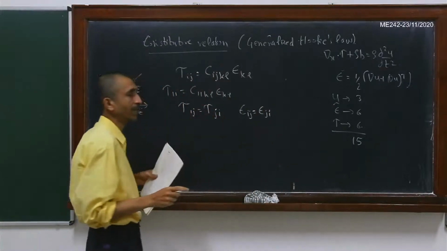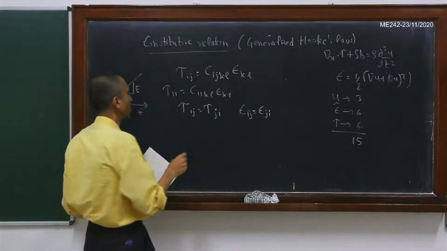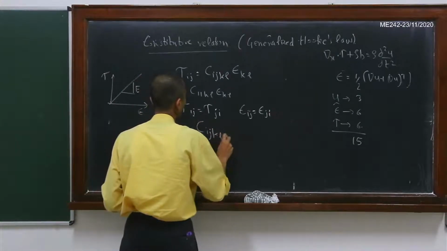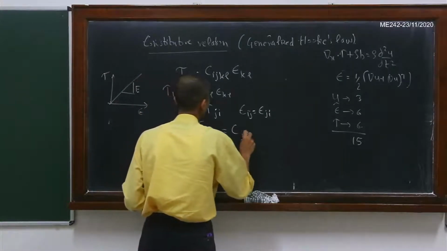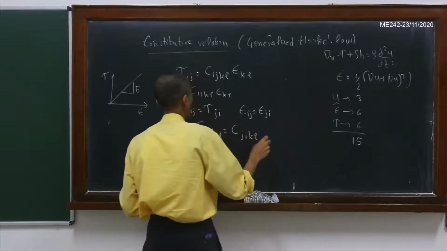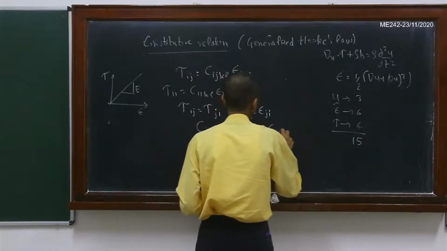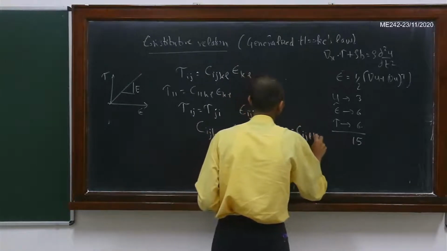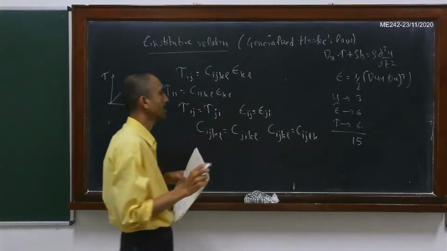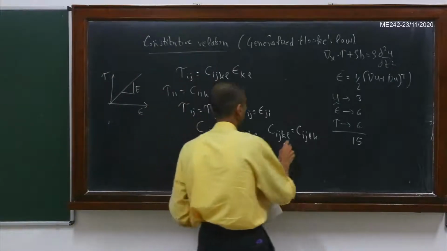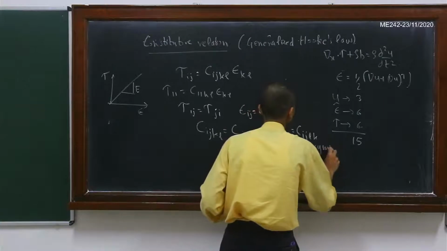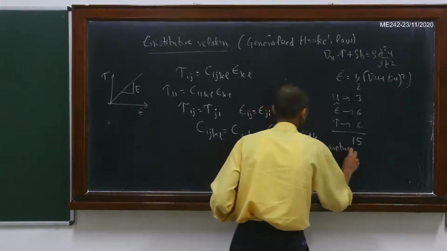These are the symmetries that are present, and from that we get that Cijkl is equal to Cjikl and Cijkl is equal to Cijlk. These are what are known as minor symmetries.